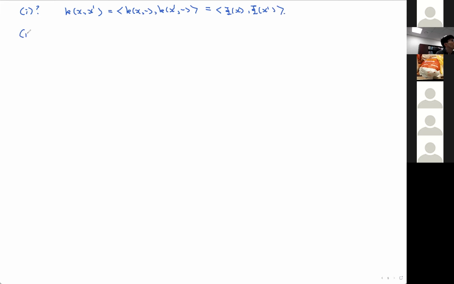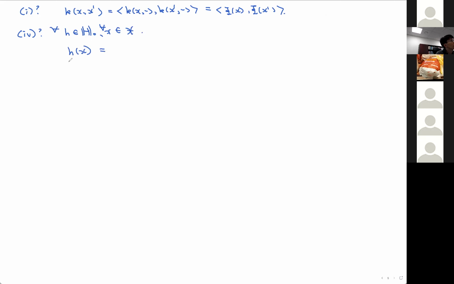And number 4 is the reproducing property. This reproducing property says, for any h and any x, what does this exactly mean? This should be expressed in terms of the inner product.